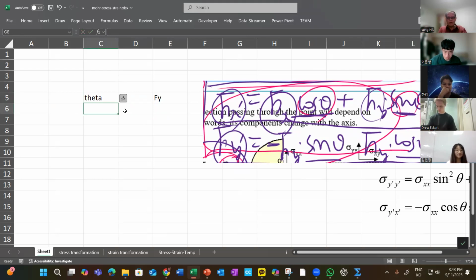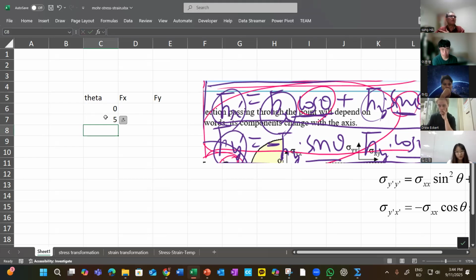Theta will vary from 0 degrees to, say, this one. Theta should be in radians, but we can say simply like this, 5 degrees.